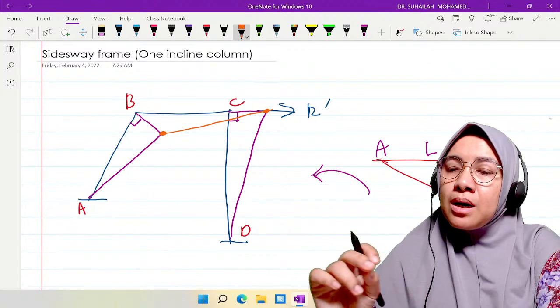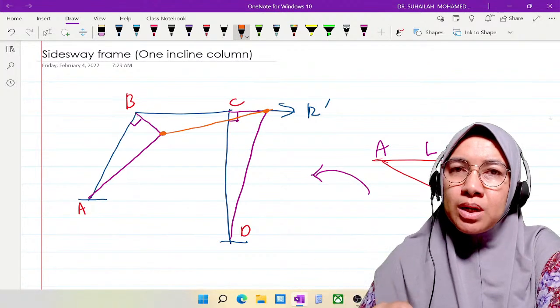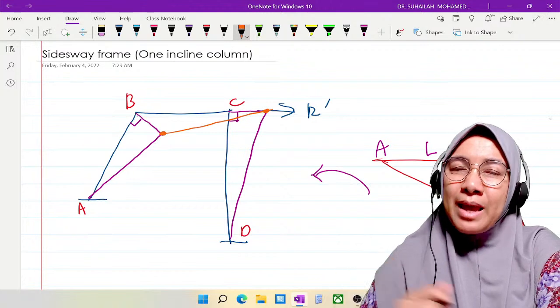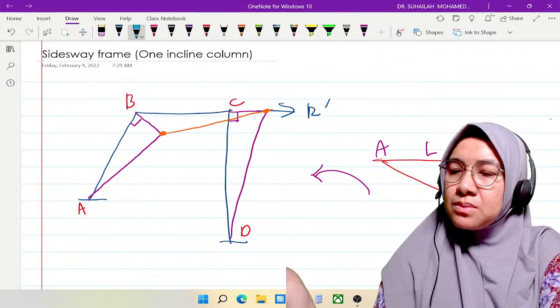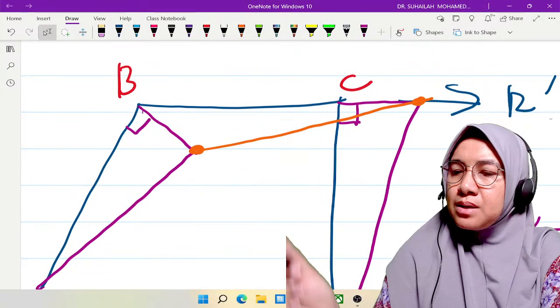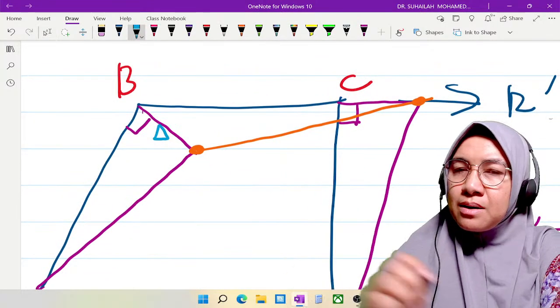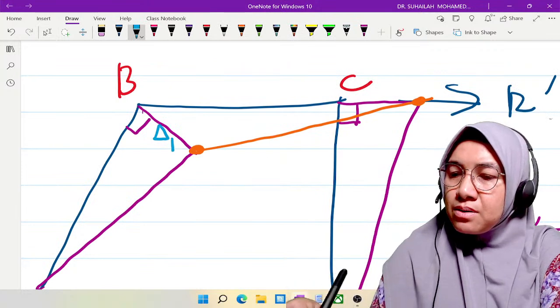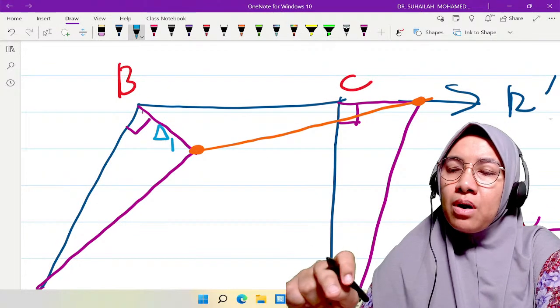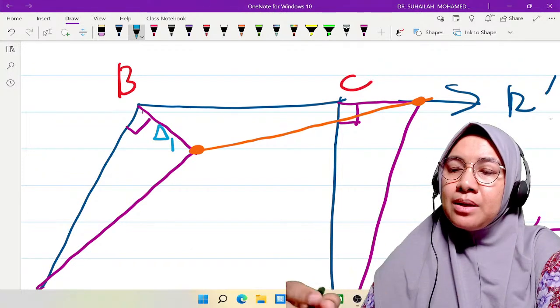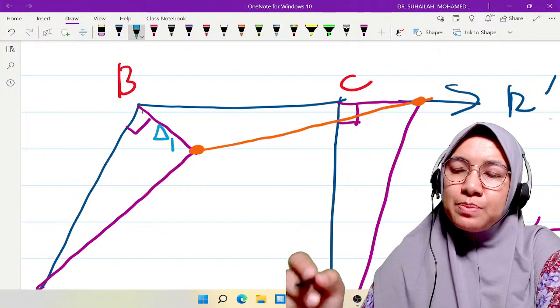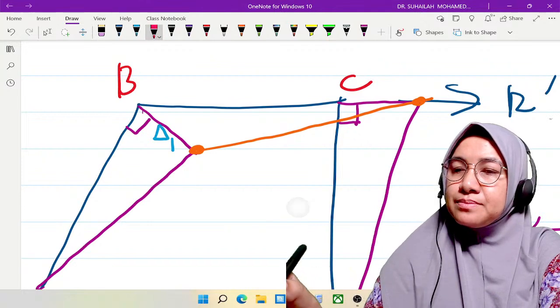The delta which is perpendicular to column AB is this one, delta 1 for member AB. This is B prime.